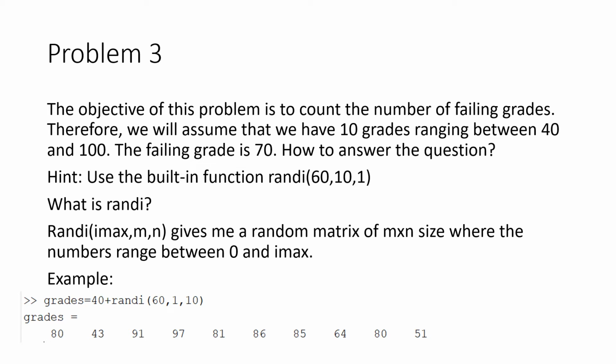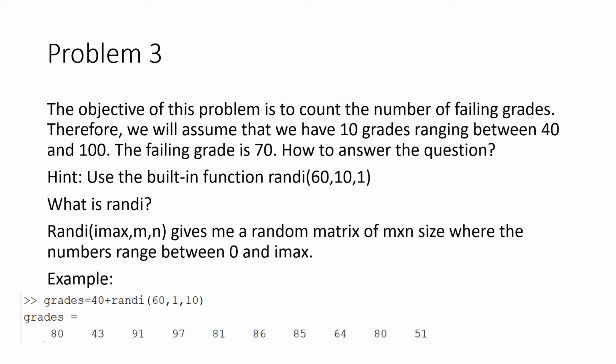The difference between rand and randi is that rand will give me numbers between 0 and 1. Now randi has an additional input, which is the first one. This first input specifies the maximum number that randi can reach.